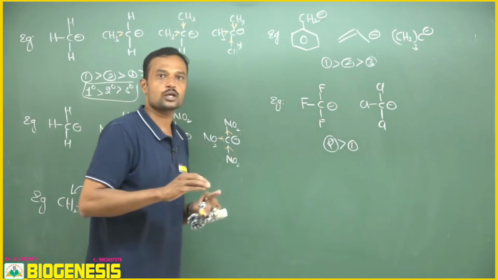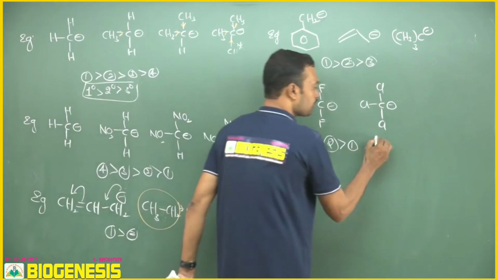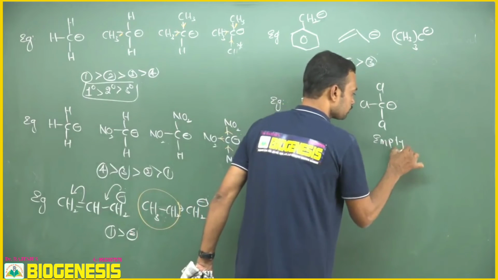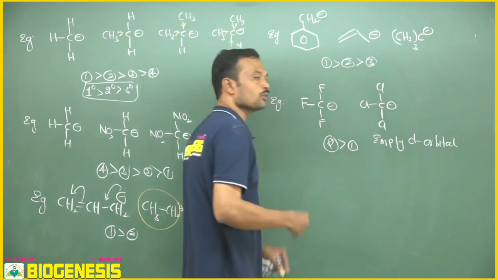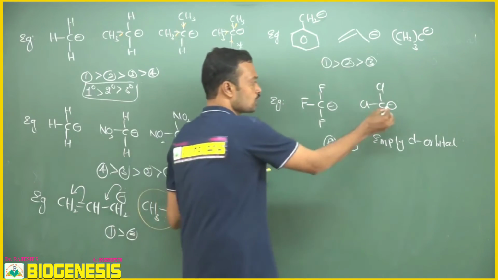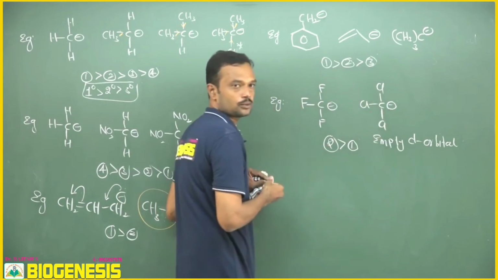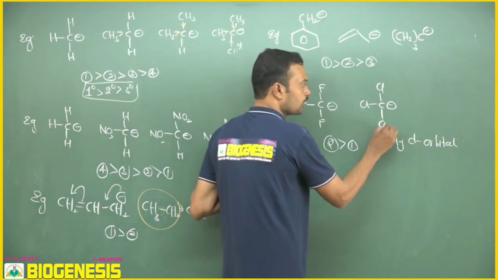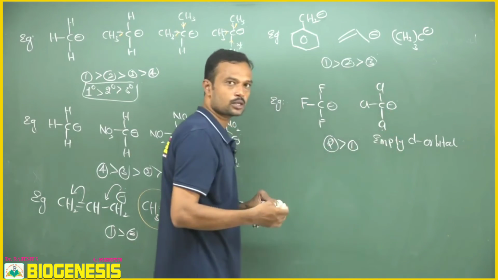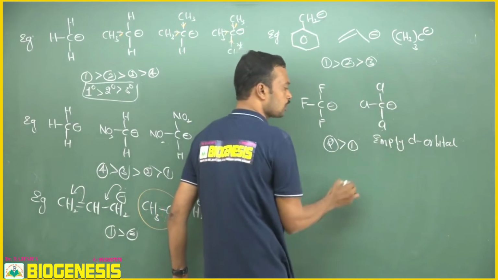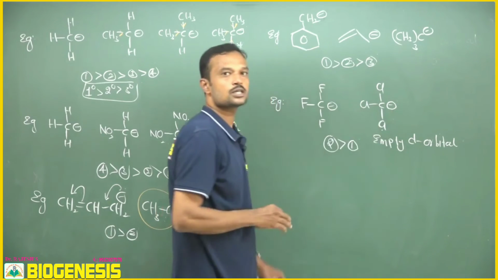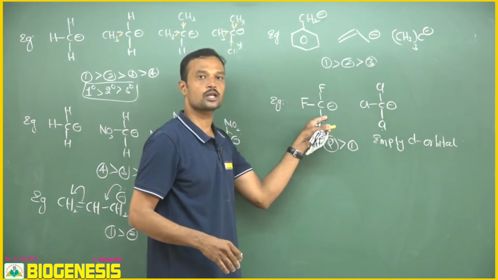The reason behind this is that here chlorine has empty d orbitals. So these empty d orbitals will give additional attraction to this negative charge, and two factors we need to consider: chlorine due to high electronegativity, and one more, it carries empty d orbitals. An additional stability factor is there to delocalize or stabilize these excess electrons. So finally we can say CCl3 minus is more stable as compared to CF3 minus.